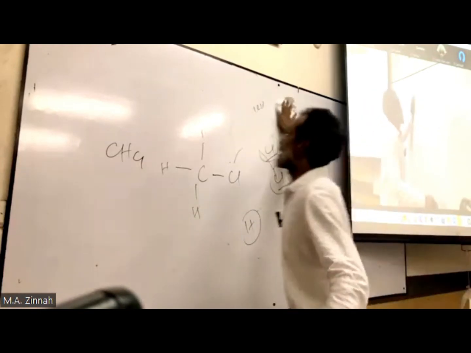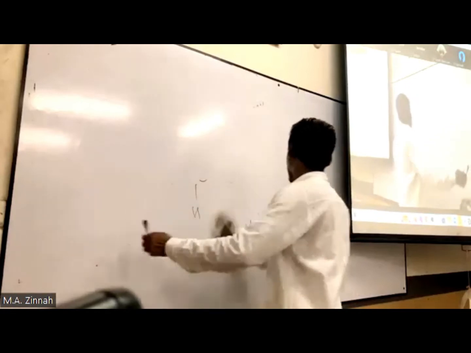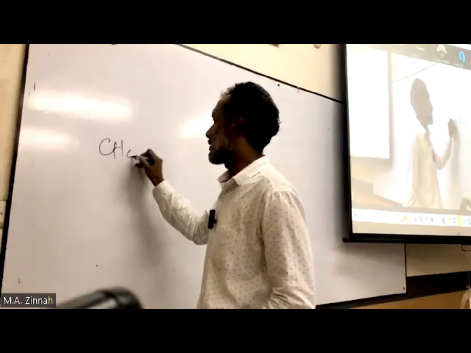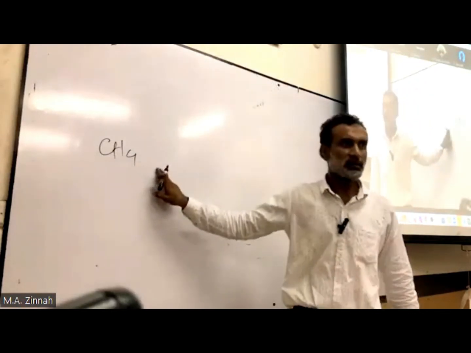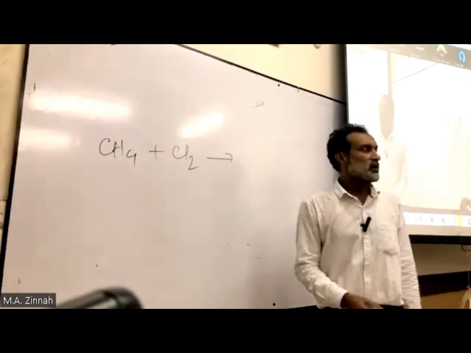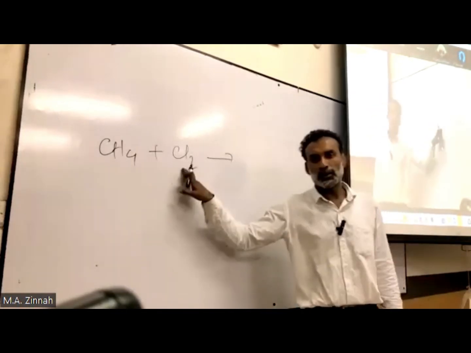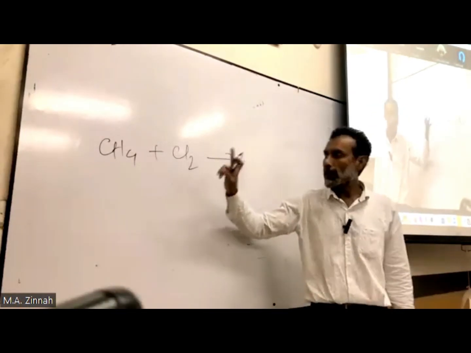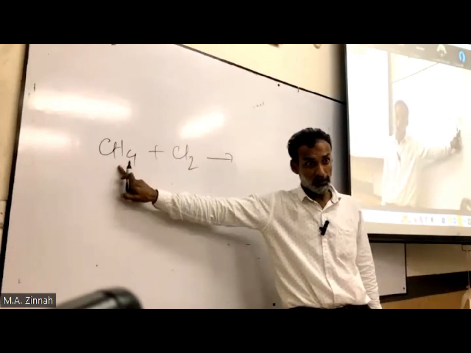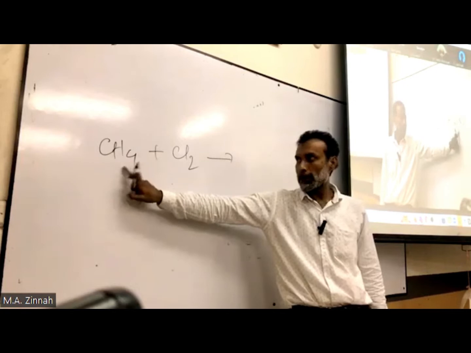So I show this again. If I write the equation, here is methane. And this reacts with what? Chlorine. So here are 2 chlorine atoms, right? And one of the atoms will displace one of the hydrogen atoms. How many hydrogen atoms here?